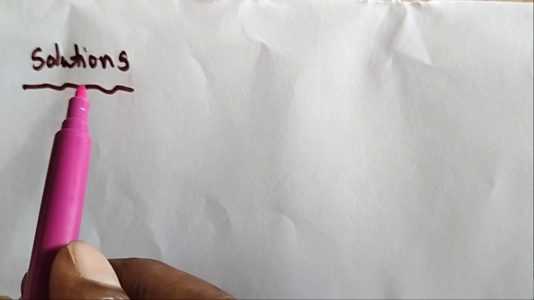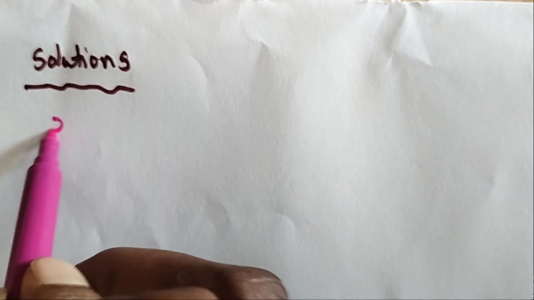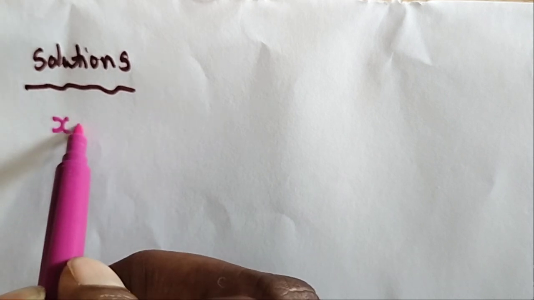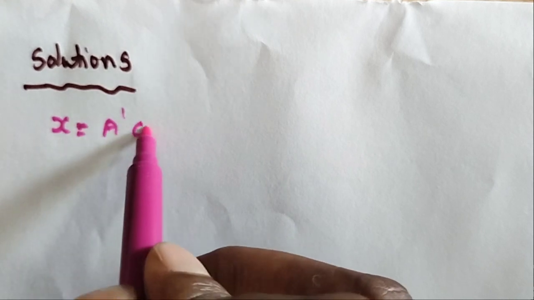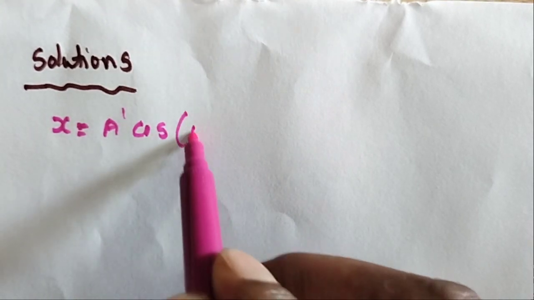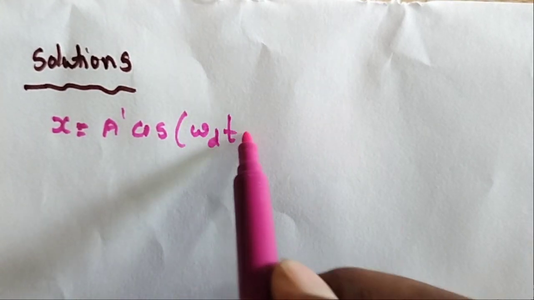And the solution. Every mathematical equation has a solution. So this is the solution, that is x is equal to a dash cos omega dt plus pi.